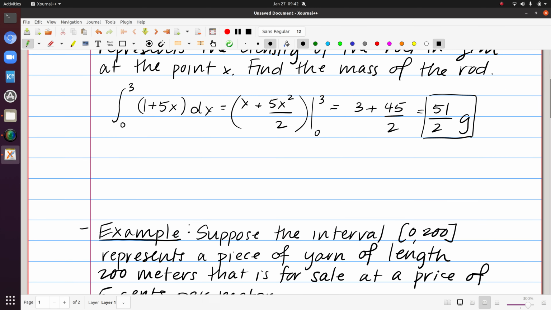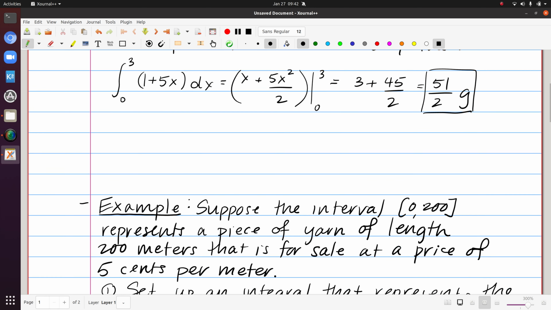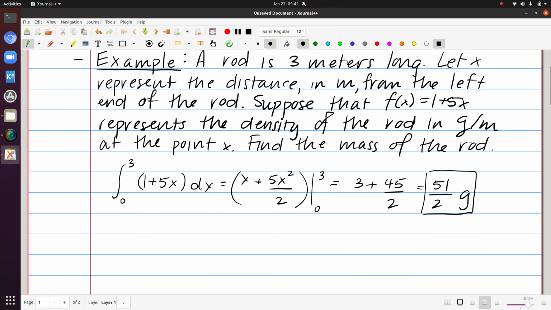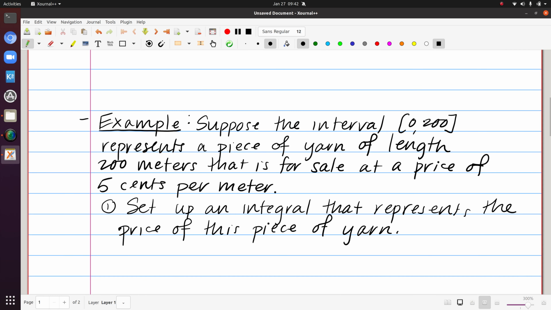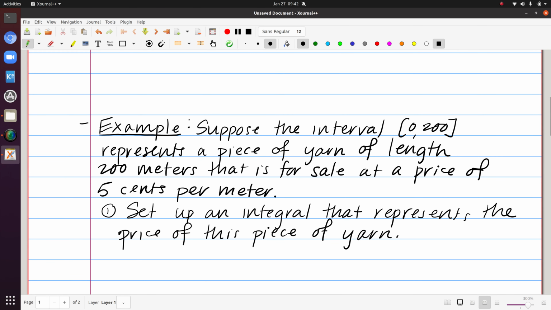So I wanted to go through an example that's not just ending up with grams. If we go back to this notion of looking at price, of course, this is described a little bit formally in order to make it very clear what we are trying to achieve mathematically. Suppose you're going to buy a piece of yarn that is 200 meters long. So we're going to let the interval here represent the length of that piece of yarn.